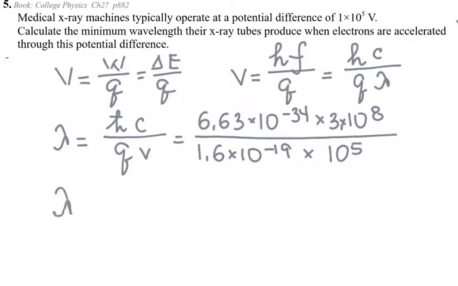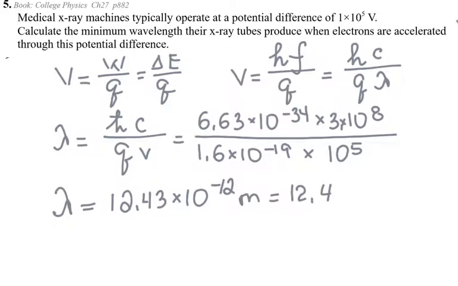And it looks like the wavelength is equal to 12.43 times 10 to the negative 12 meters, or 12.43 picometers. Pico means 10 to the negative 12.